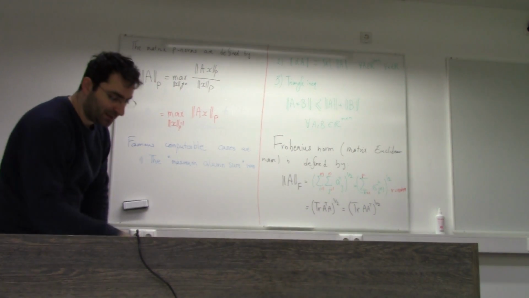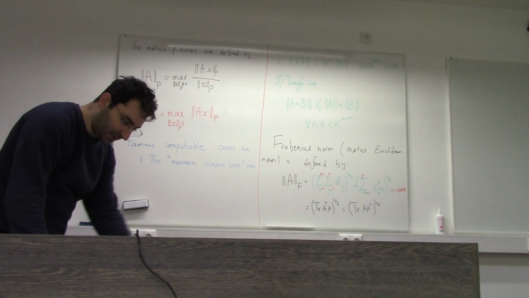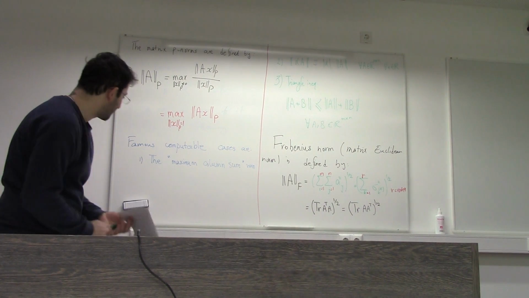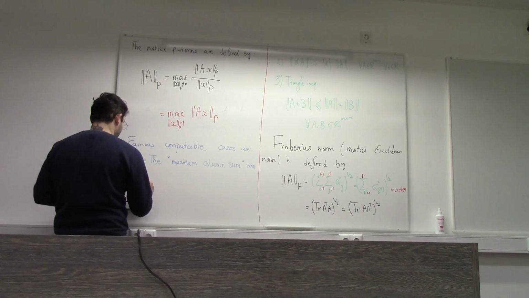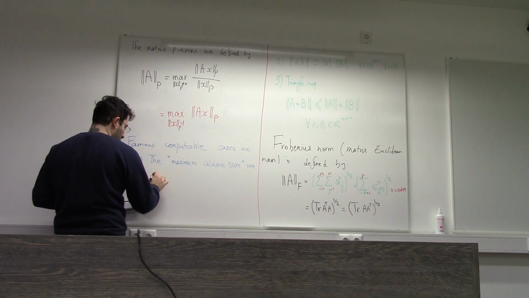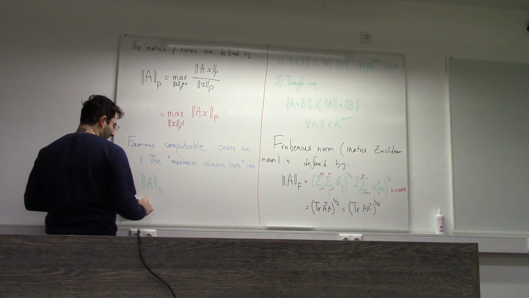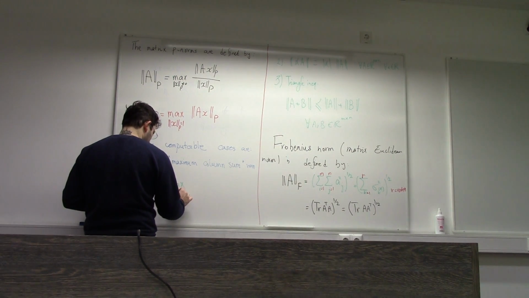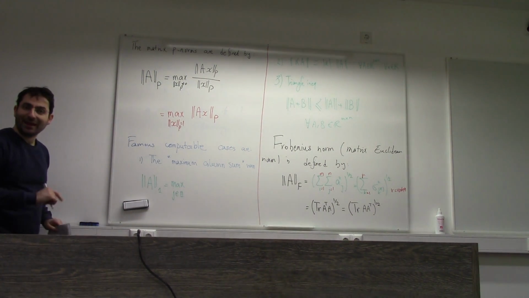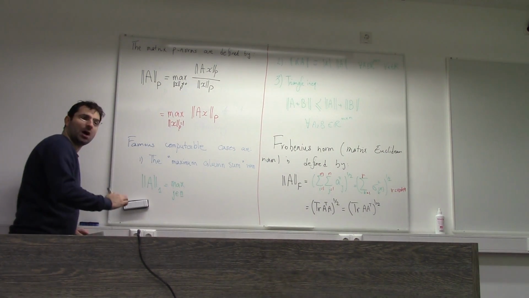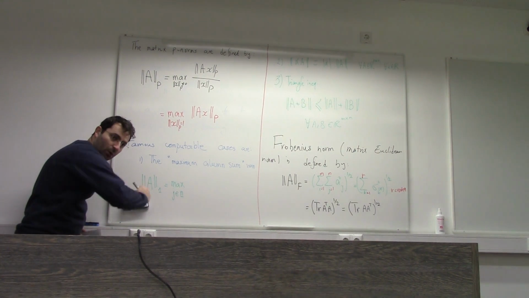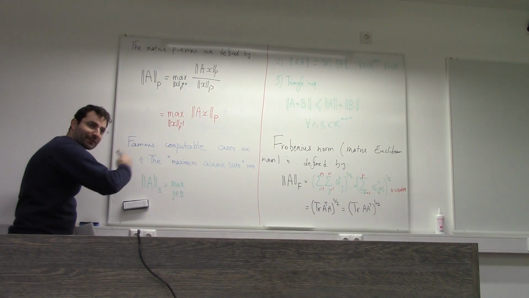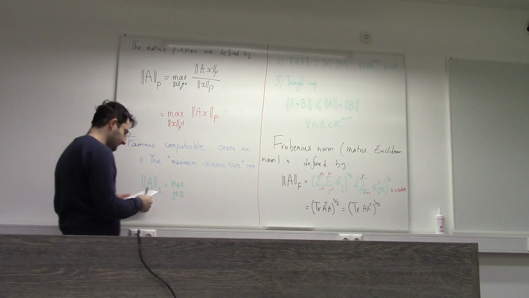And this norm is nothing but the norm 1 of a matrix. So norm 1 of a matrix is the maximum over j belonging to 1 to n, which means all the columns of the matrix.